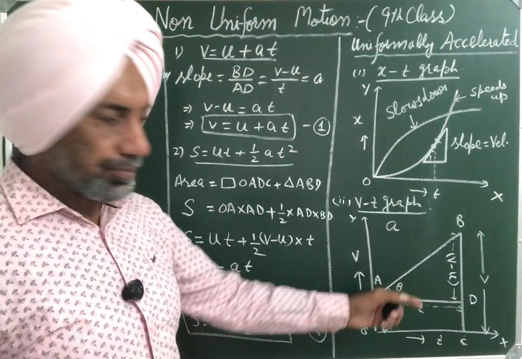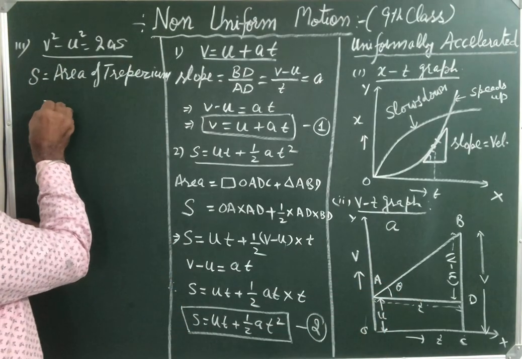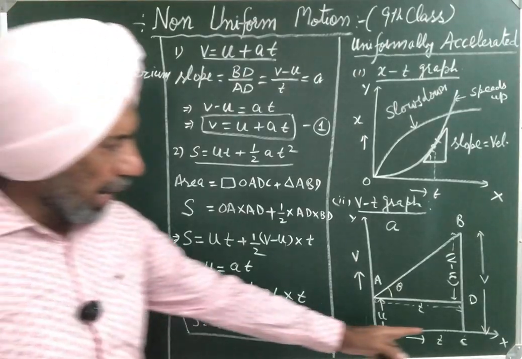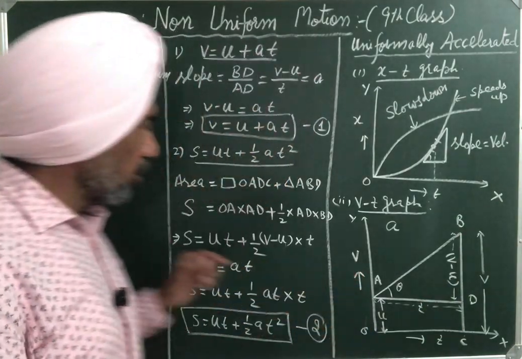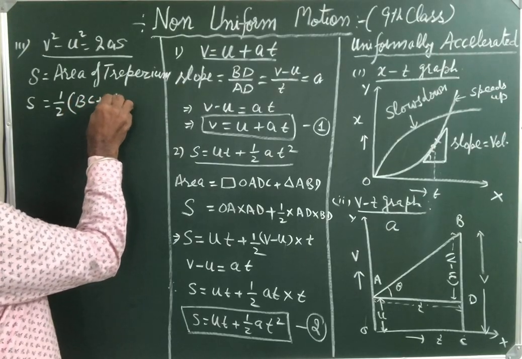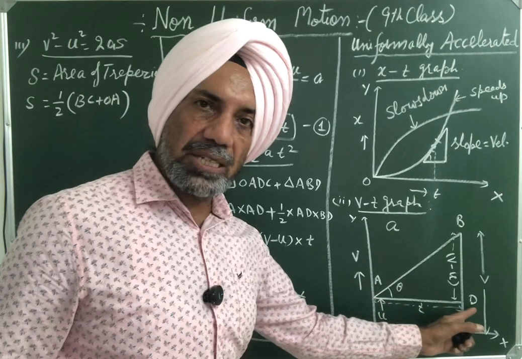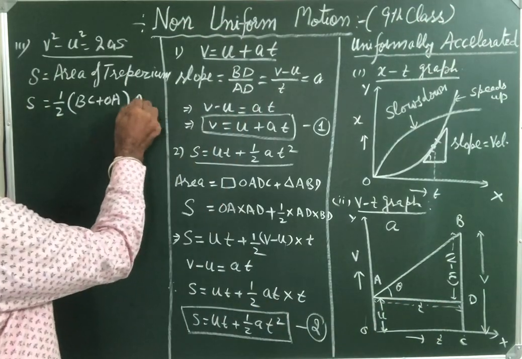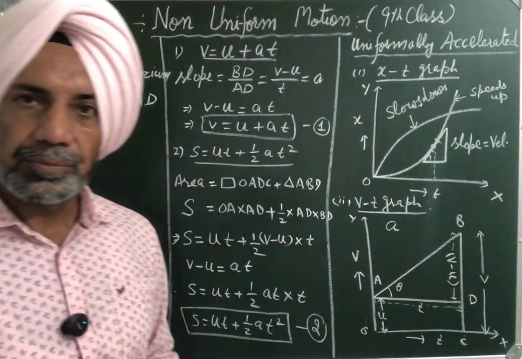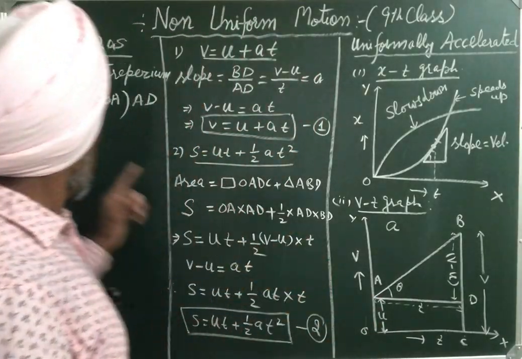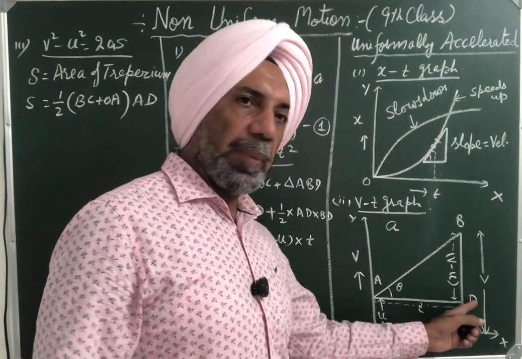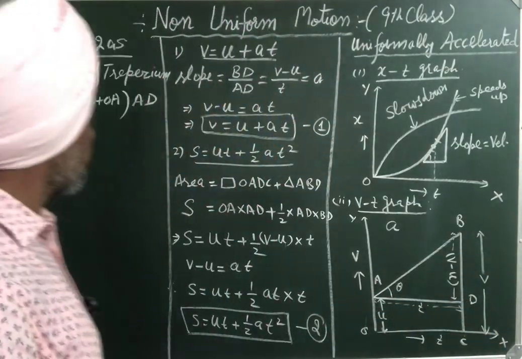Area of trapezium will be equal to, by definition, half sum of parallel sides BC plus OA into perpendicular distance AD. This is formula to find area of trapezium, which is equal to half sum of parallel sides into perpendicular distance between the two parallel sides.